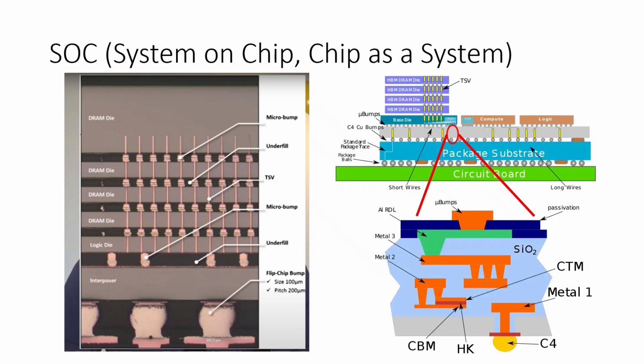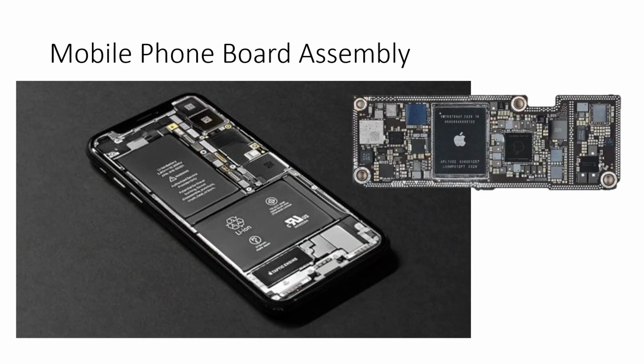The structures are quite sophisticated. These boards nowadays are packaged into a phone. So in a phone, for example, you can see many of these chips placed on a motherboard and then flipped again and packaged together into a mobile phone.